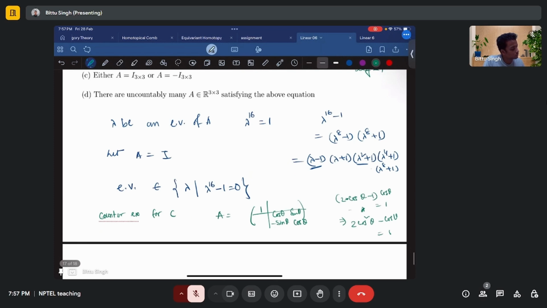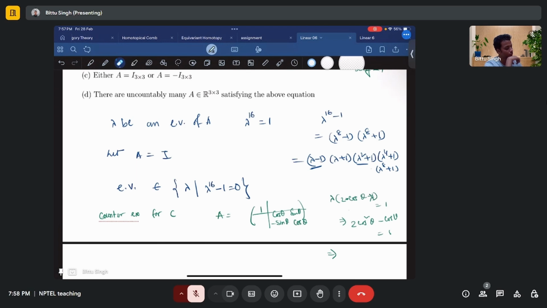But what is the implication of this? Sorry, it is 2 cos theta minus lambda, and lambda times this, the product of eigenvalues, is 1.